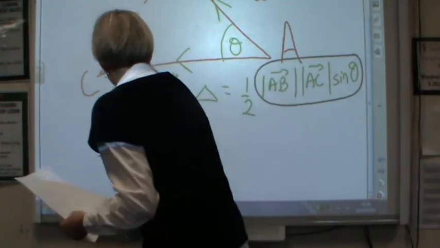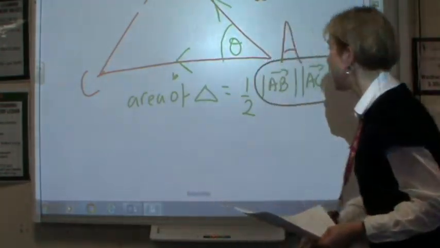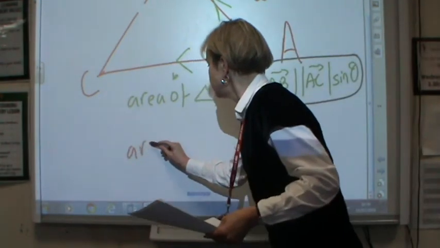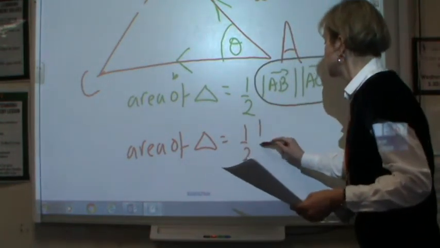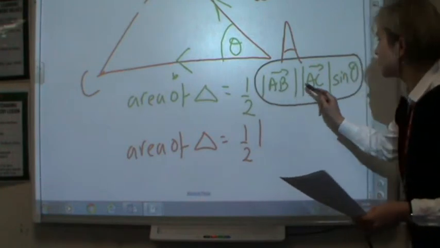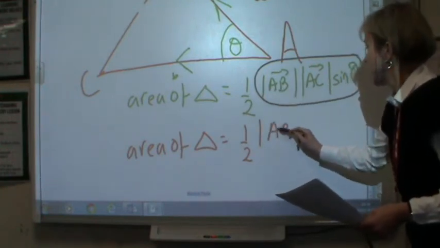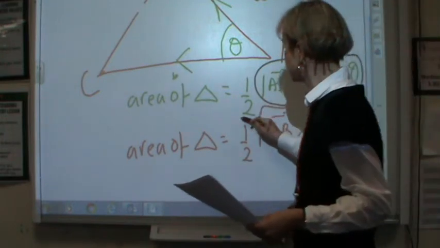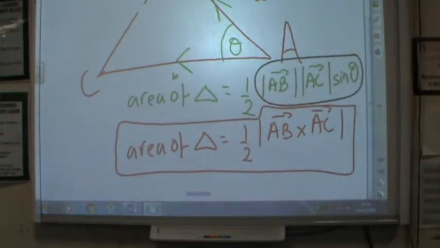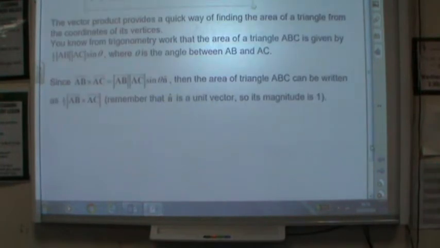So we can think of the area of our triangle as a half times the cross product of these two vectors, AB times AC. And that is the formula for how you find the area of a triangle. If you want to find the area of a parallelogram, you just remove the half. So there's your little bit of summary of it.